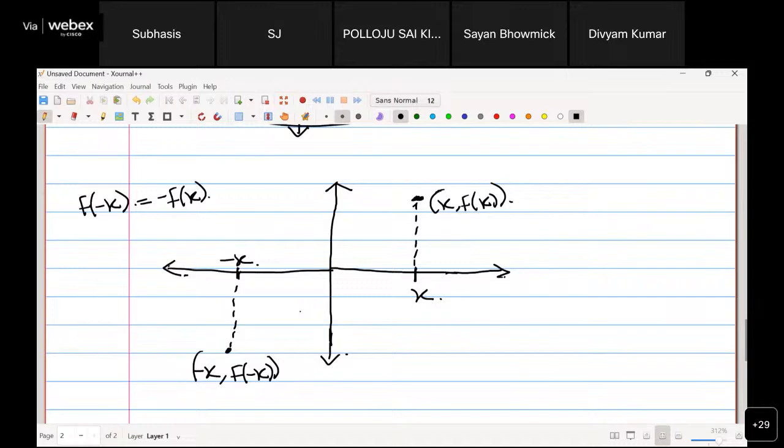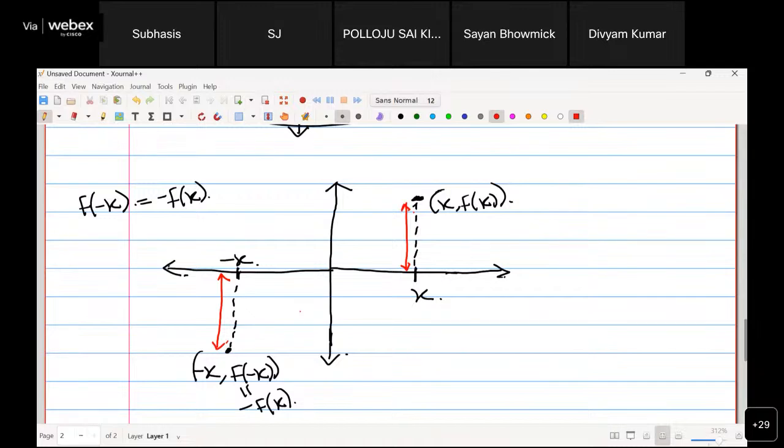And what is f of minus x? It is minus f of x. So in particular, this distance is the same as this distance.